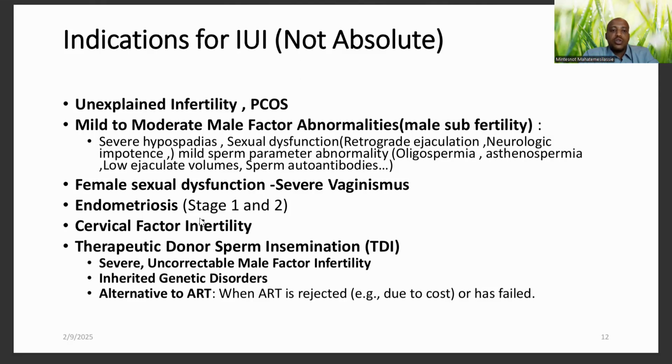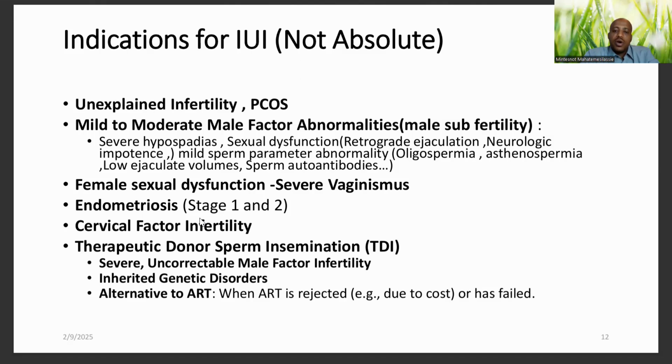Other indications are endometriosis, cervical factor infertility, and donor sperm insemination with IUI, especially in a male patient who has severe and uncorrectable male factor infertility or inheritable genetic disease, or in a patient who refuses IVF.